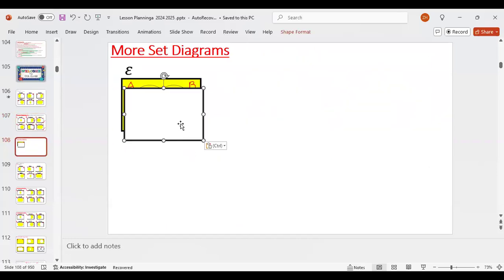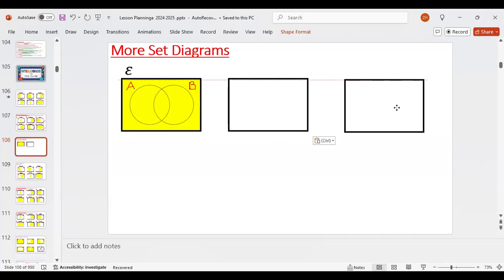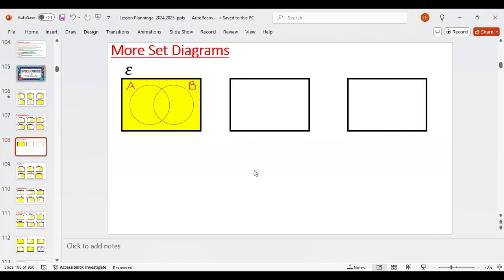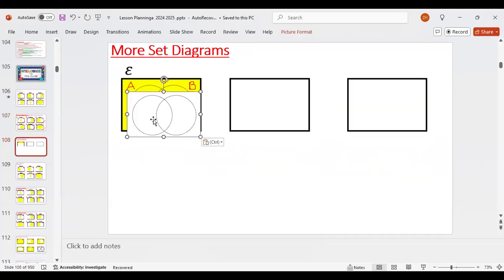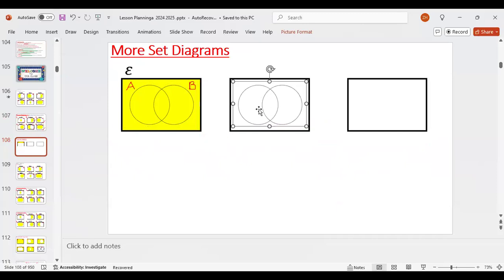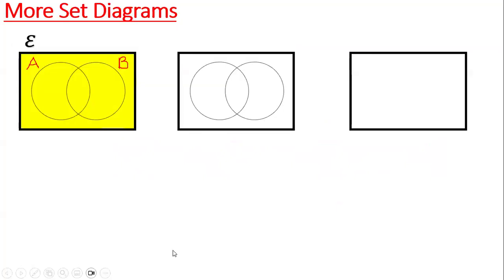Next we have this one. Let's label the diagram first.